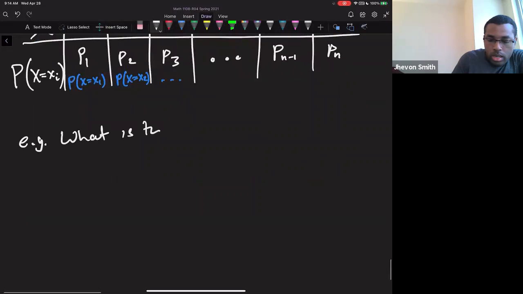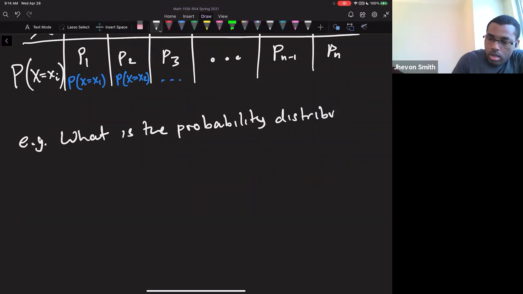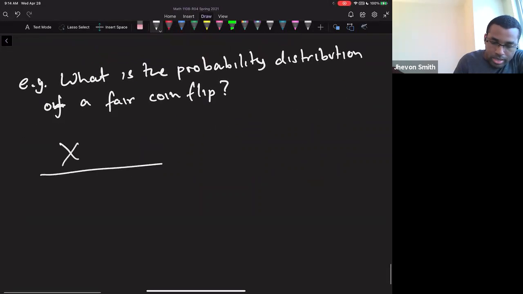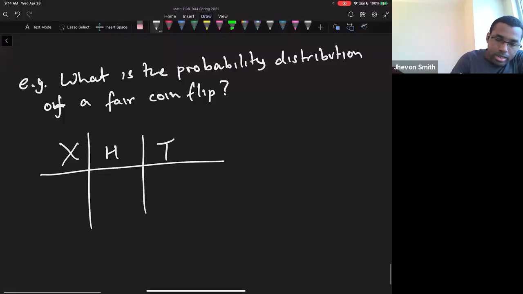what is the probability distribution of a fair coin flip? That means your x, you think of it as heads or tails, and you may assign numerical values.